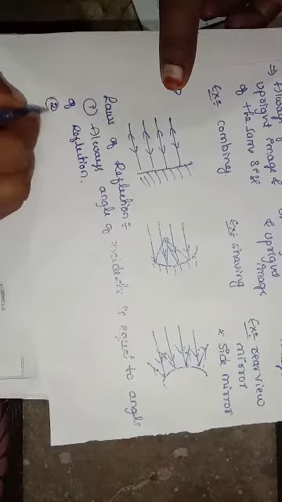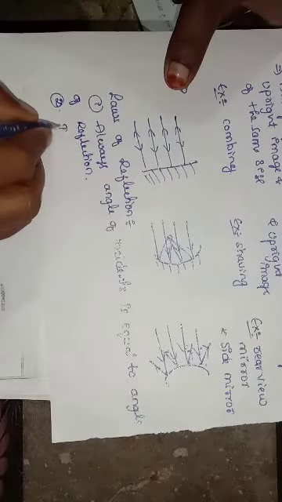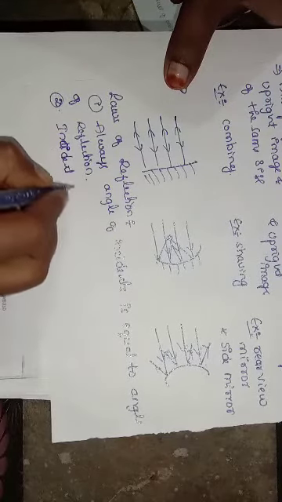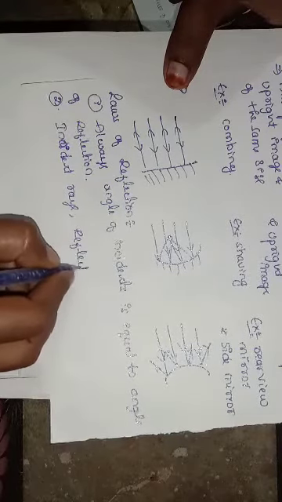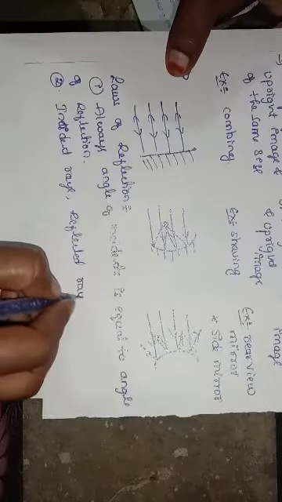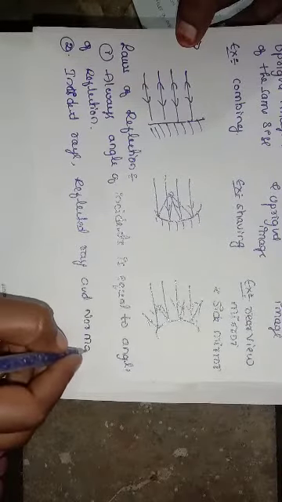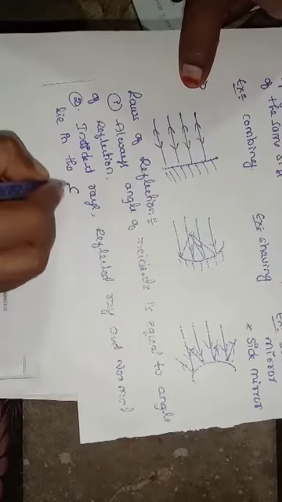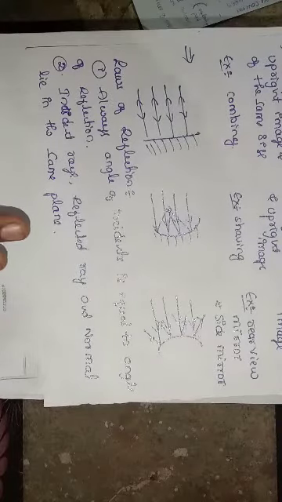And the second one: incident ray, reflected ray, and normal lie in the same plane. Okay, so we discussed these two laws along with the example.